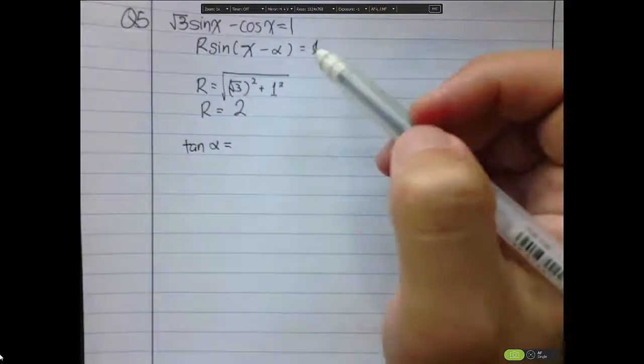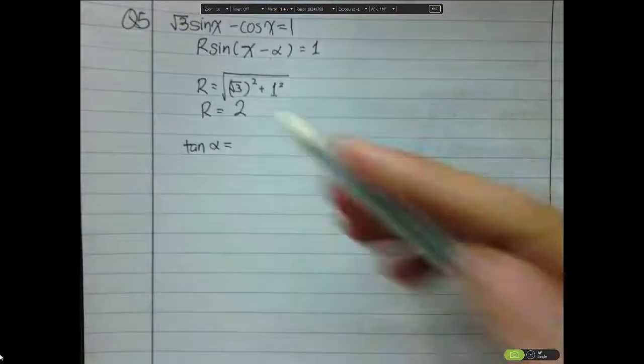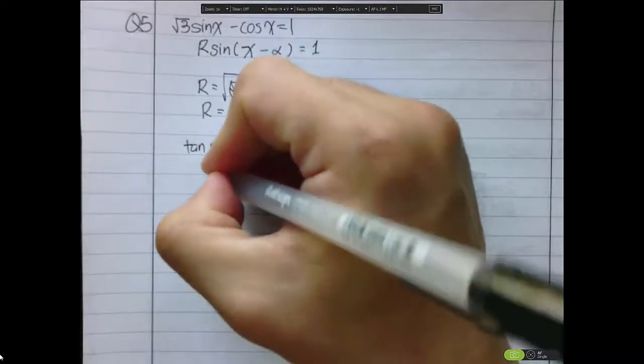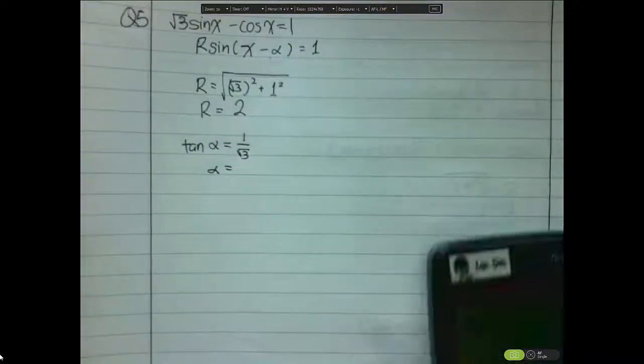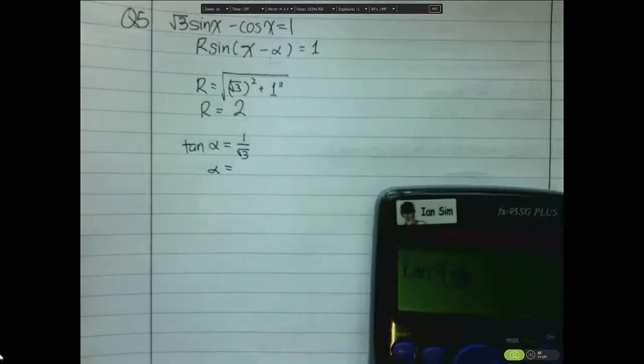Now, tangent alpha is equal to b over a. Again, we ignore the negative sign because the negative sign is already accounted for in the formula itself. So I just take b over a. I take inverse tangent of 1 over root 3.